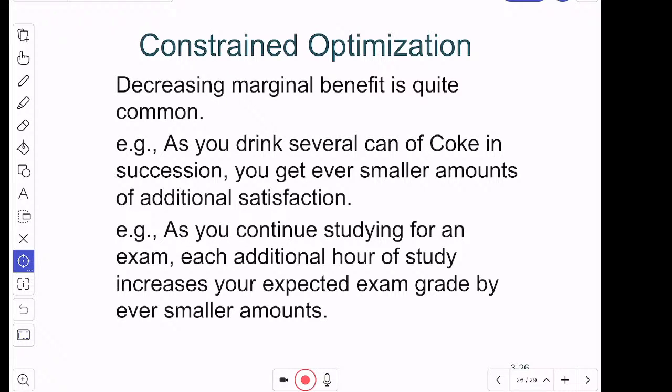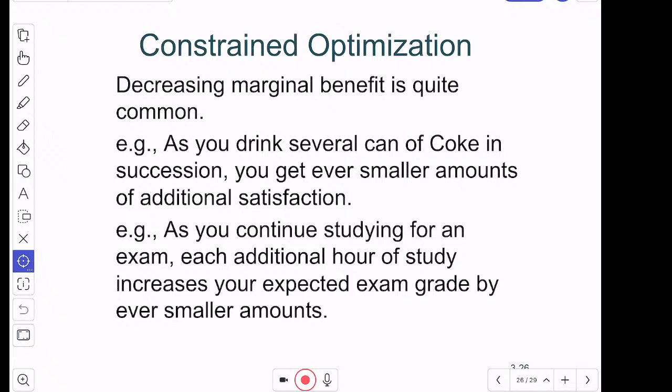It's important to know that decreasing marginal returns are very relevant. We all experience decreasing marginal returns in life when we just consume. Like the first bite of double chocolate cake is really good.